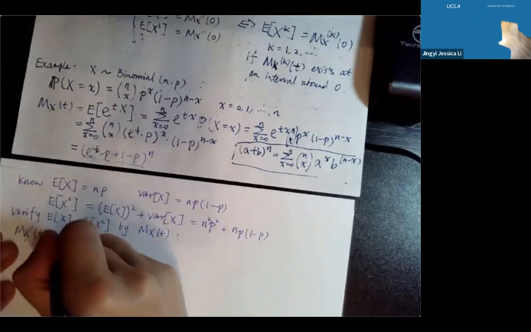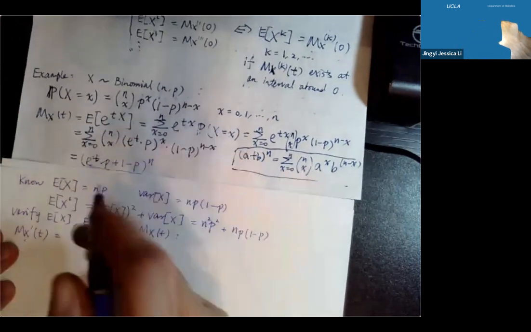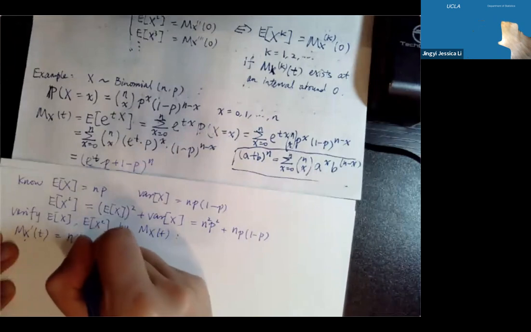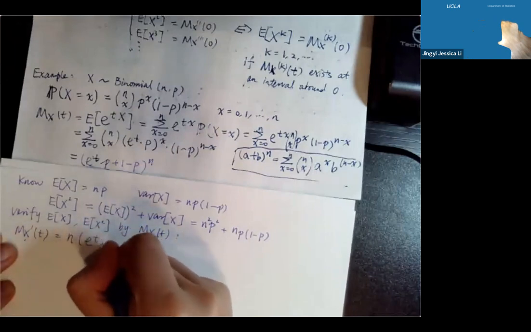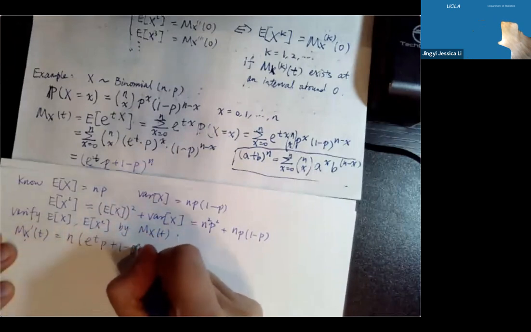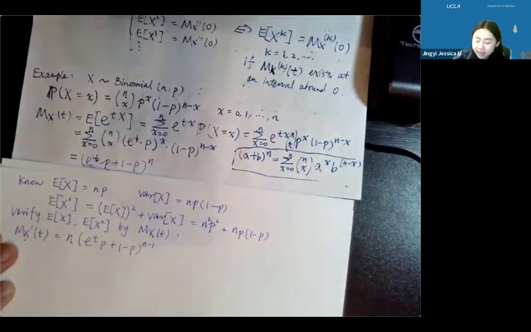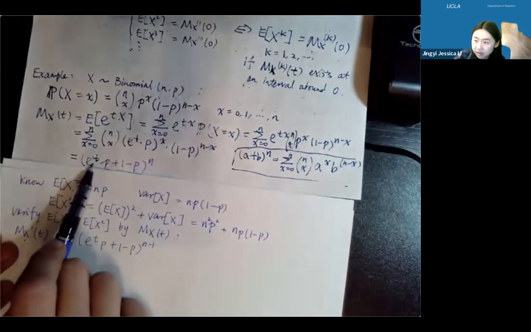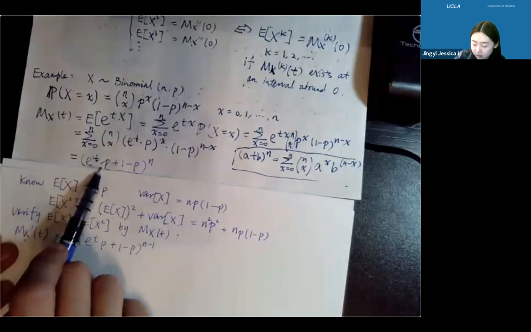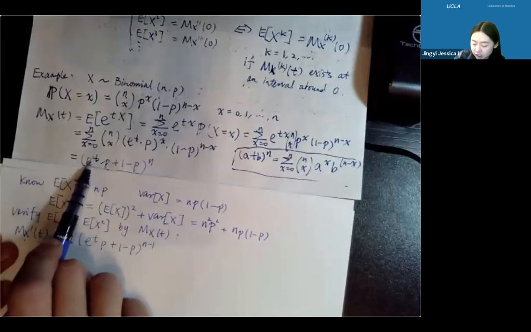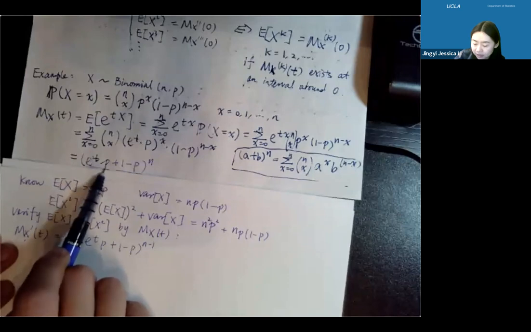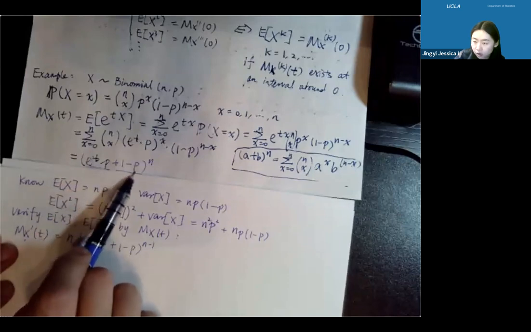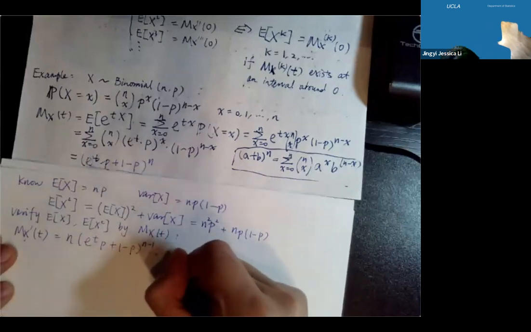First take the derivative of the whole thing, which gives n times (e^t p plus 1 minus p) to the power n minus 1. Then I go inside and take the derivative: the derivative of e^t stays as e^t, multiplied by p, but 1 minus p goes away because it doesn't involve t. So times e^t p.